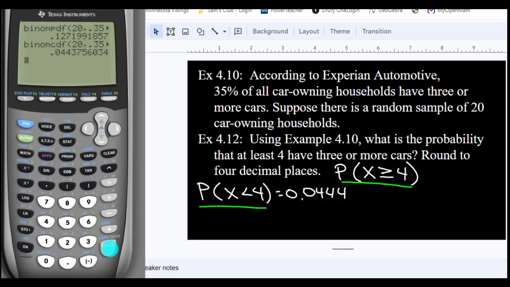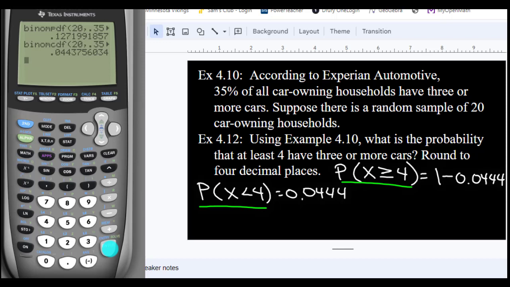Less than 4 is everything that's not greater than or equal to 4, and vice versa. So if we want to find the probability that X is greater than or equal to 4, we're going to take 1, which is everything, and subtract all the probabilities where X is less than 4. And what's left is going to be the times when X is greater than or equal to 4.